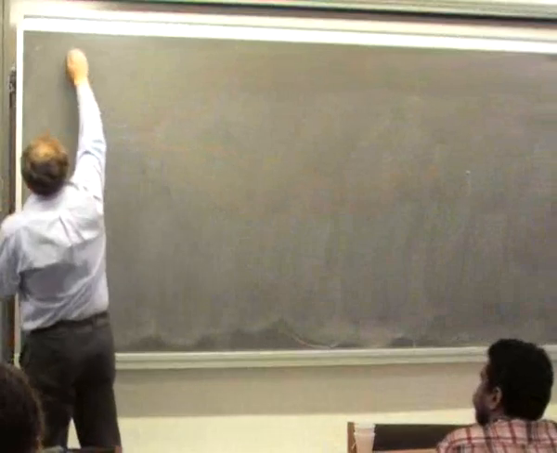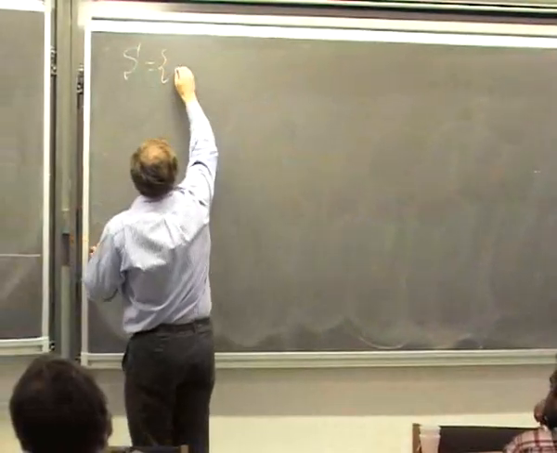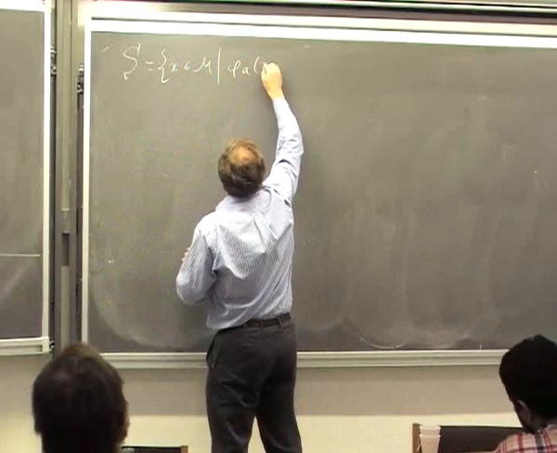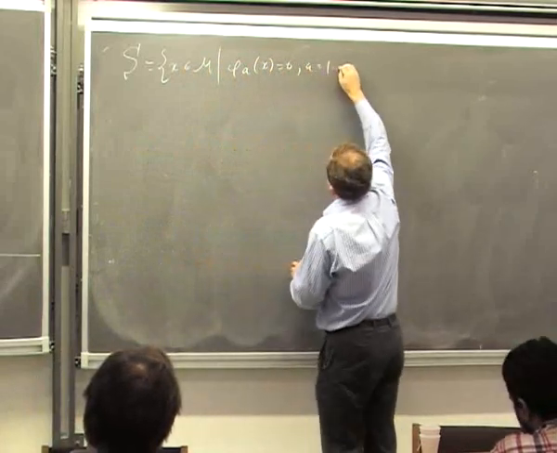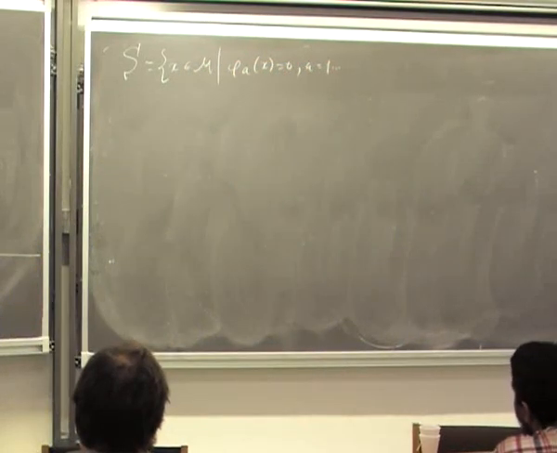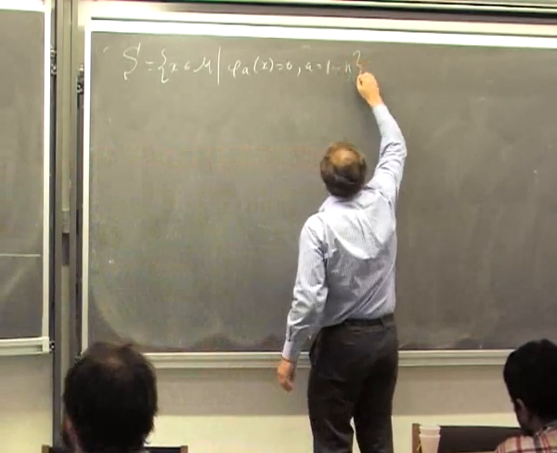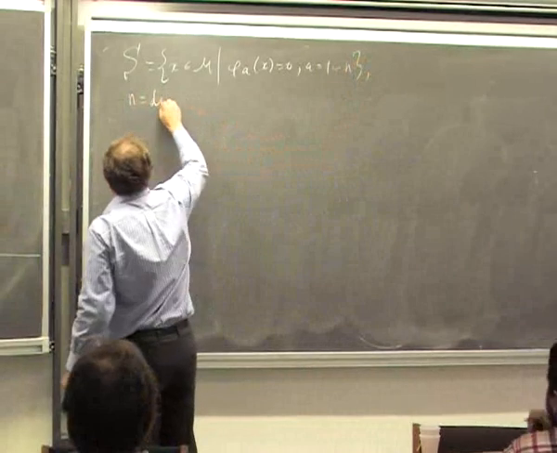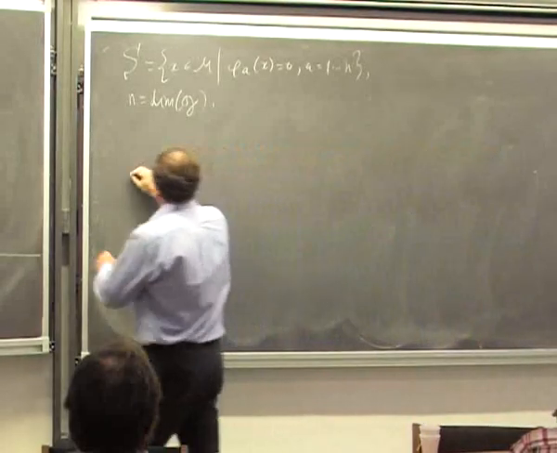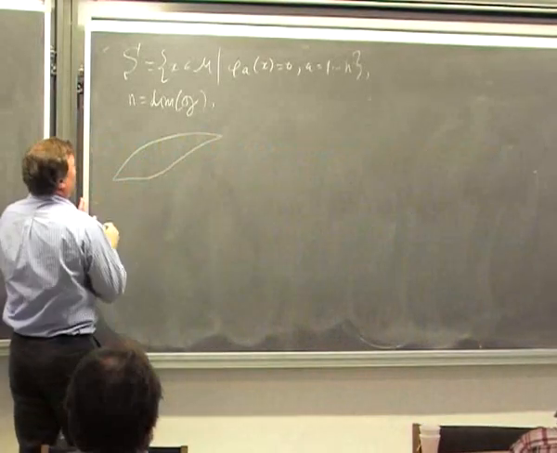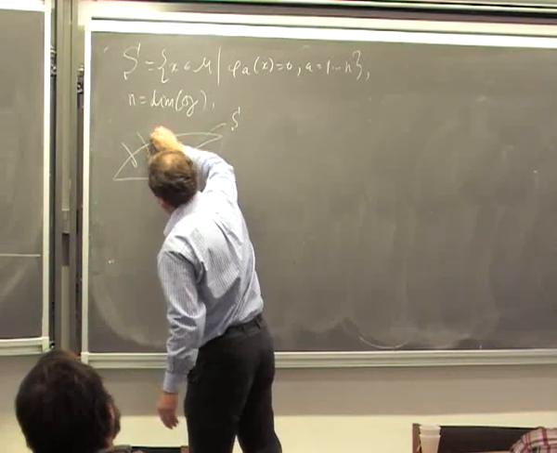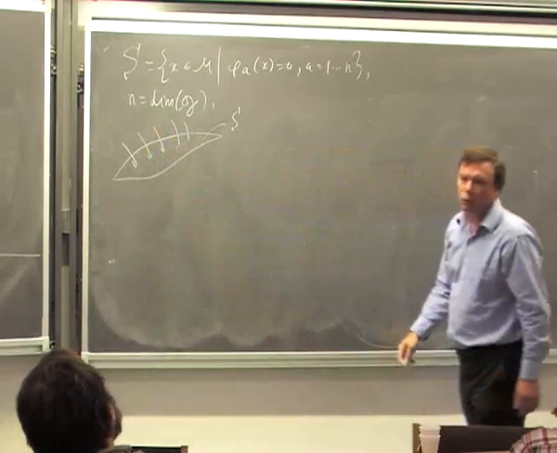So let's assume that S is given by some equations, i equals 1 to n, where n is the dimension of G. So this is the cross section S, and it's transversal to the G orbits.